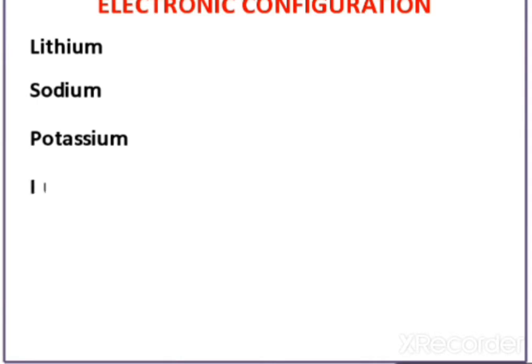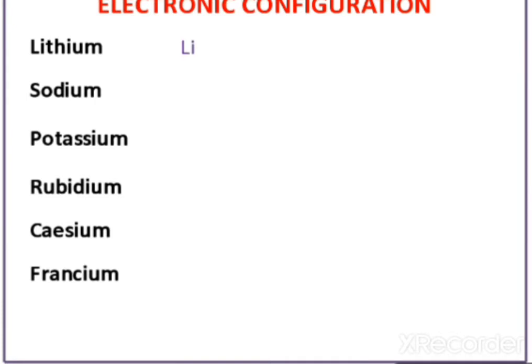Now we will see electronic configuration. The members of this group are lithium, sodium, potassium, rubidium, cesium, and francium. The symbol of lithium is Li, atomic number 3, and the configuration will be He 2s1.